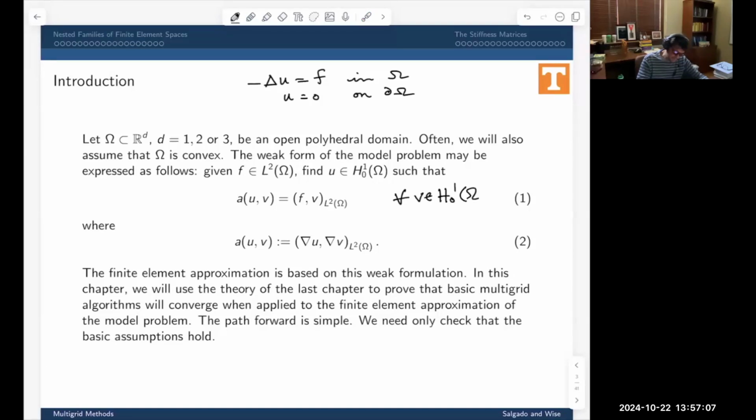So that's missing, but should be there. Where, what is this? This is our bilinear form a, and it's equal to the gradient of u against the gradient of v.